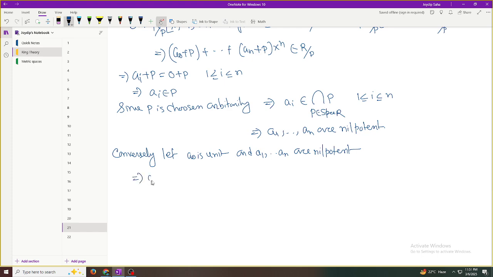This implies a1x, a2x square, up to an x to the power n are nilpotent, since if we multiply something with a nilpotent, then again it is nilpotent.